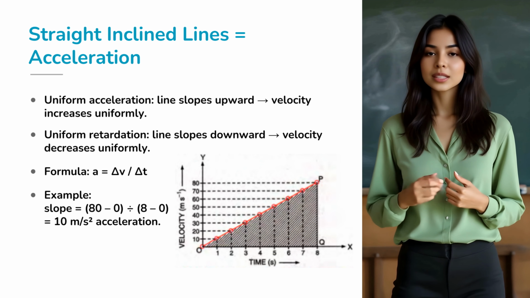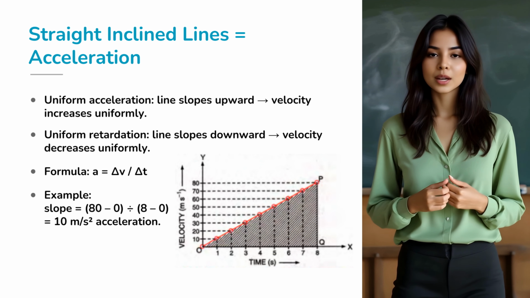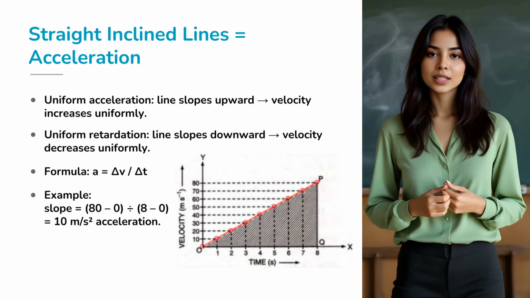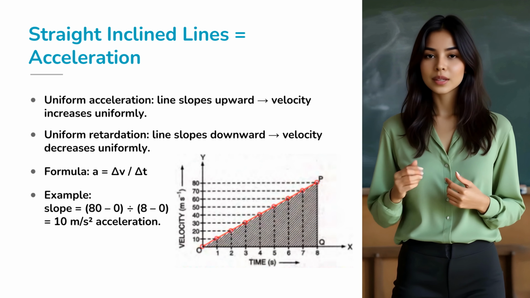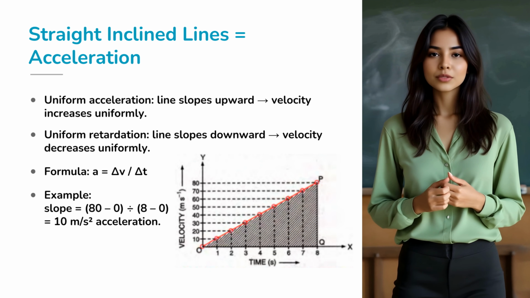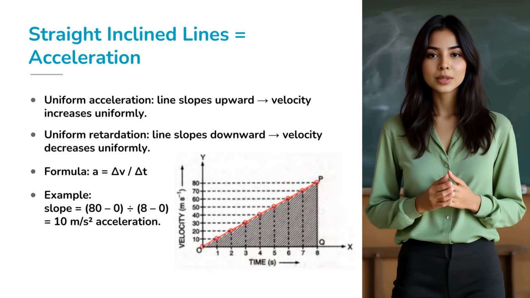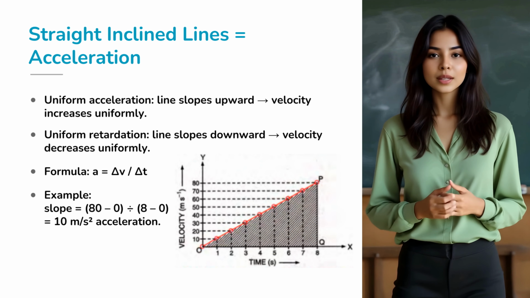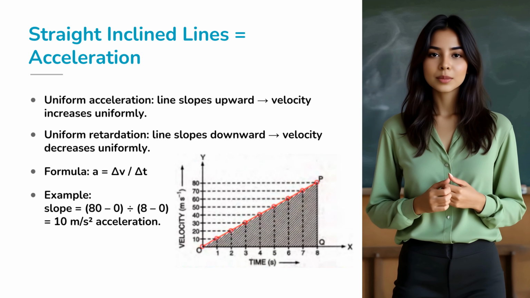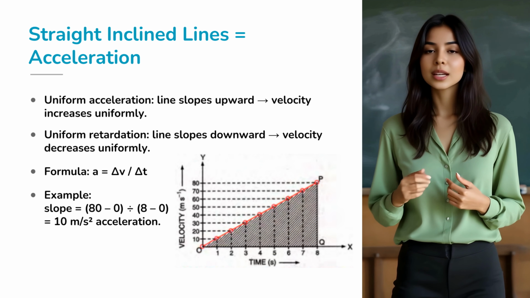Now things get more dynamic. If the object's speed is increasing steadily, the graph becomes an inclined straight line rising from left to right. That's uniform acceleration. For example, in figure 2.14, velocity goes from 0 to 80 meters per second in 8 seconds. The acceleration is the slope. 80 minus 0 divided by 8 equals 10 meters per second squared.